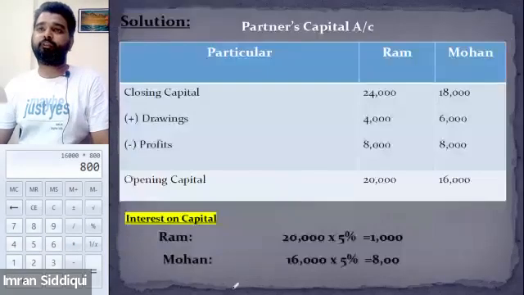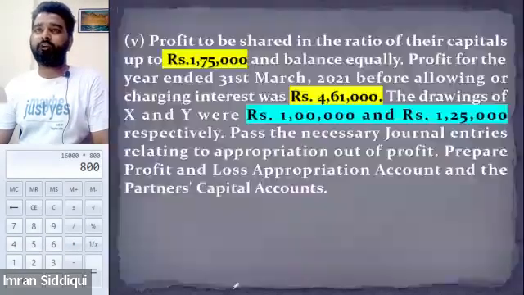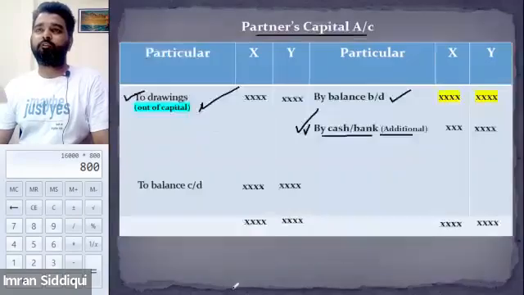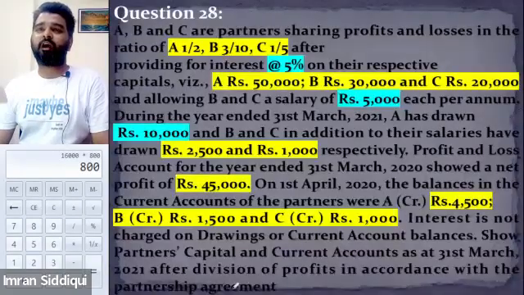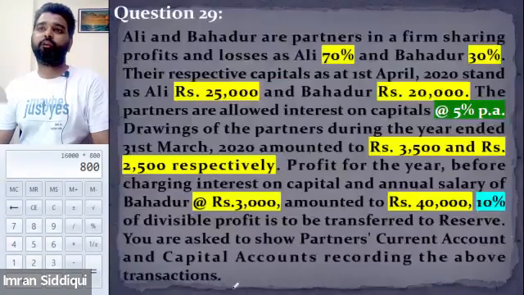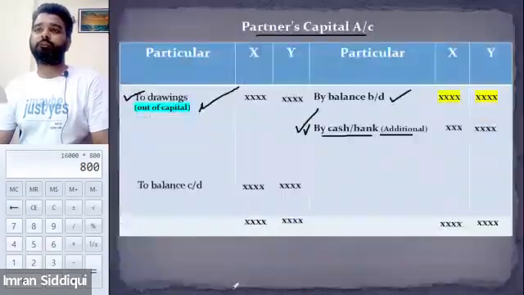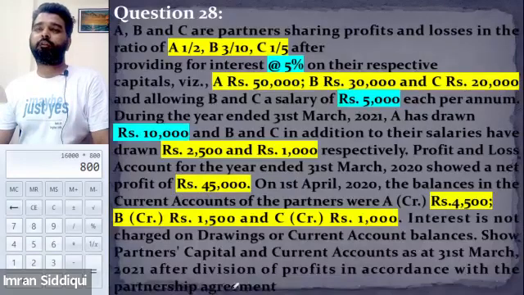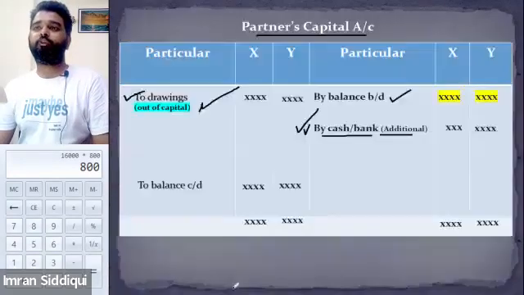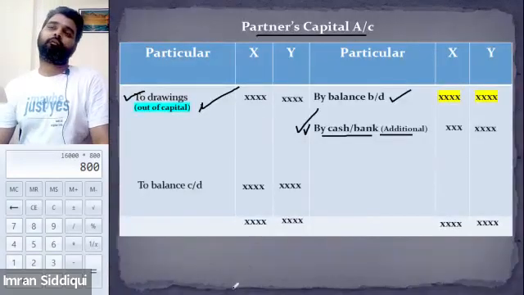All right, just make sure that the format of the partner's current account and capital account is after question number 28. Okay, will you remember that? After question 28, you will be able to find the format of the partner's capital and current account.